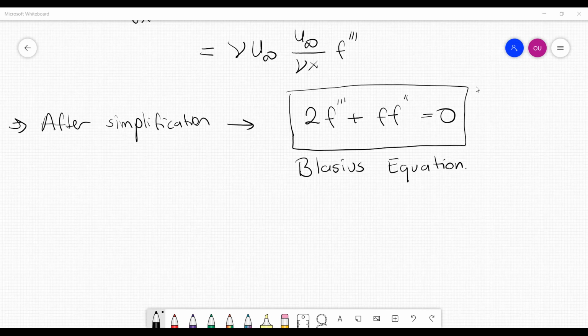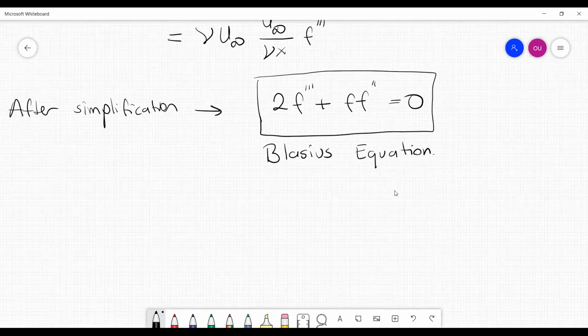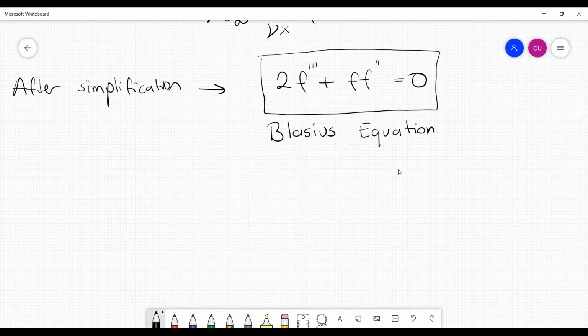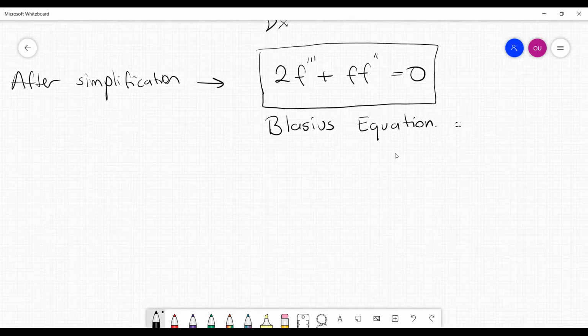It represents the full physics, meaning conservation of mass, x momentum and y momentum around a flat plate with 0 pressure gradient for steady incompressible flows. So it represents the full physics around it analytically.